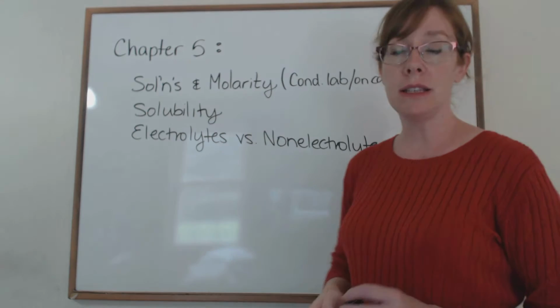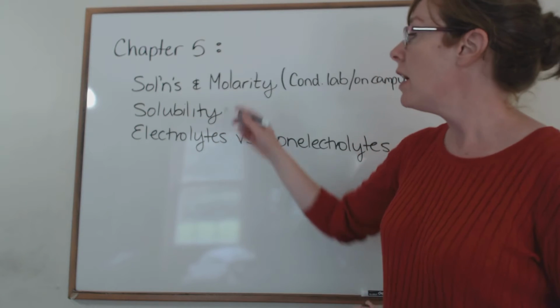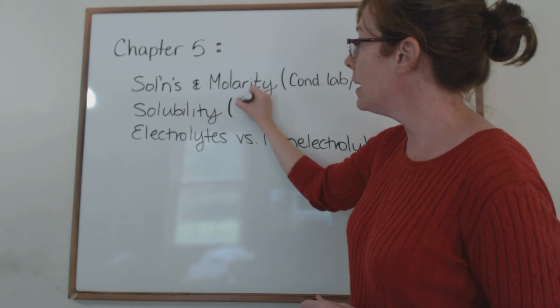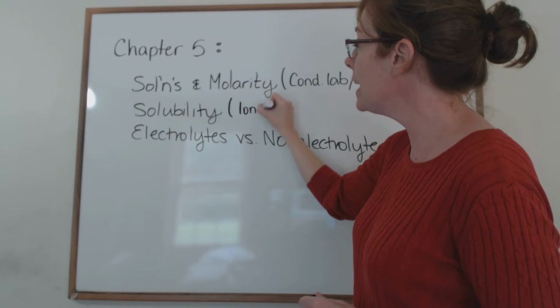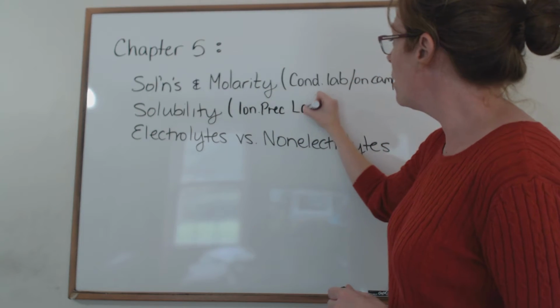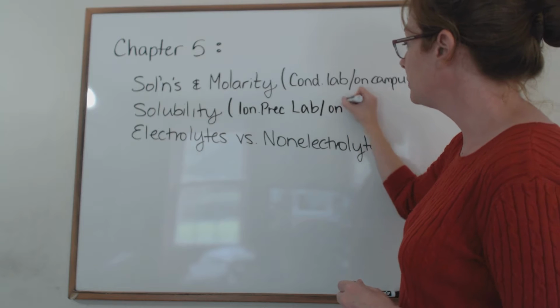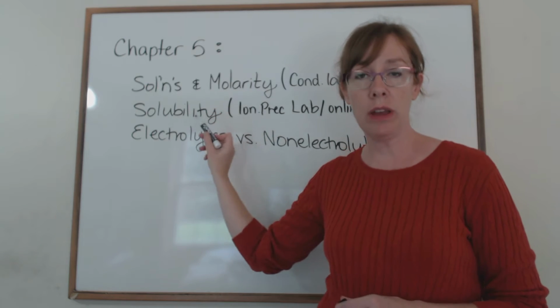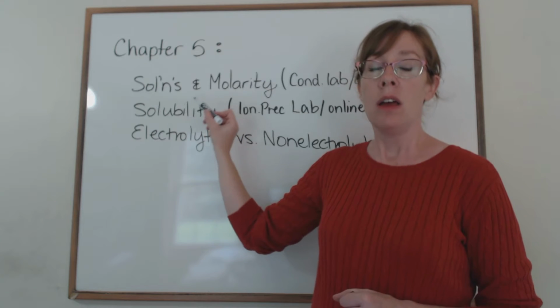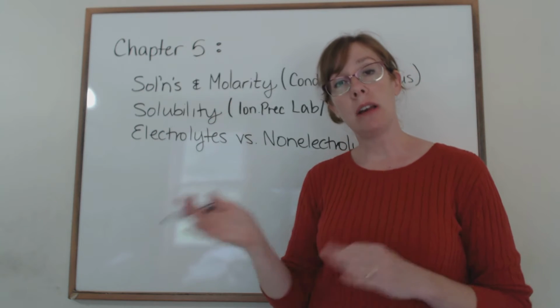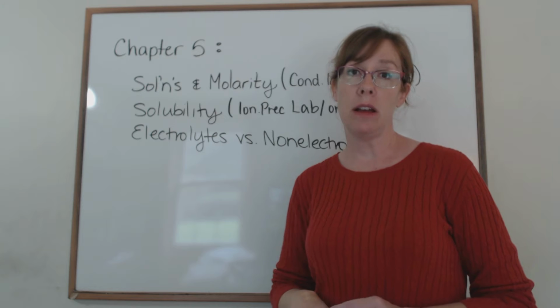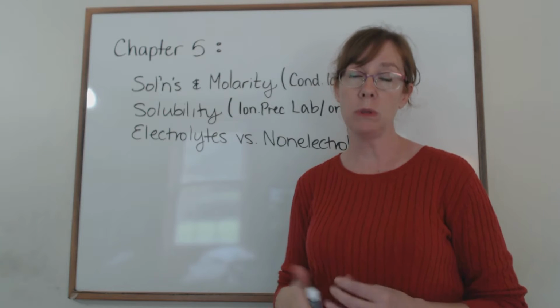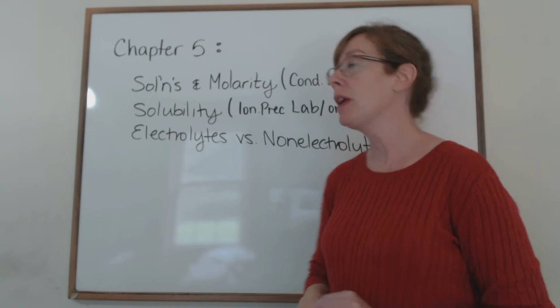Solubility is another concept that is being covered in chapter 5. Solubility is addressed in the Ionic Precipitation lab, which is online. There's another video in which I go over how to determine whether a compound is soluble or insoluble based on the solubility rules, which is basically a solubility table.